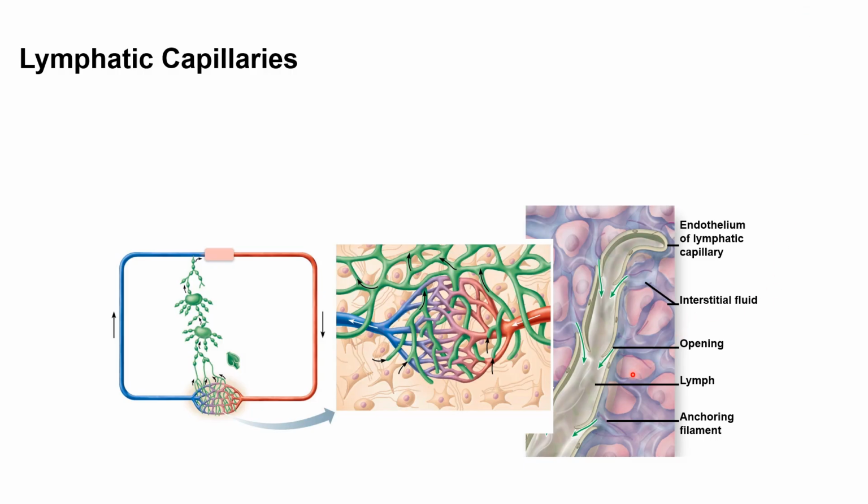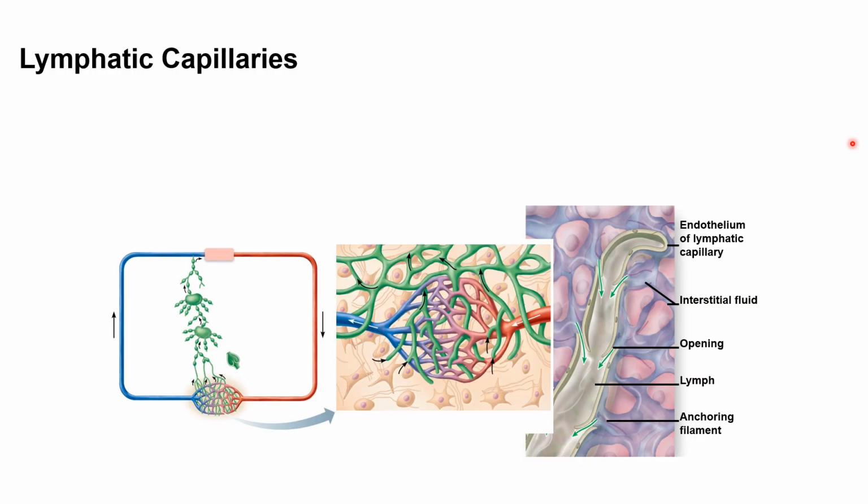You can see the arrows here where the actual flaps are, but this is a cell right here, and this is another lymphatic cell of the lymphatic capillary. You can see how fluid can just enter into those little slits that are formed by those cells that are irregularly and loosely attached to each other, okay?